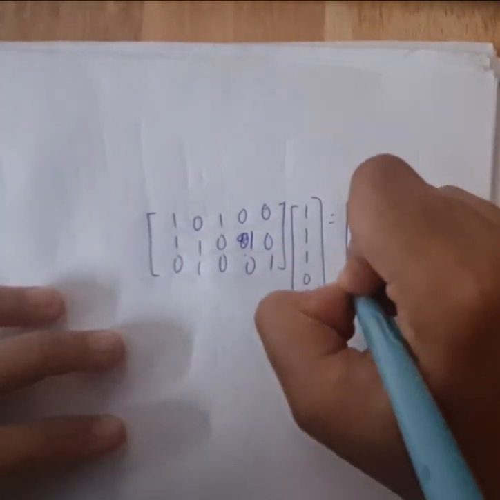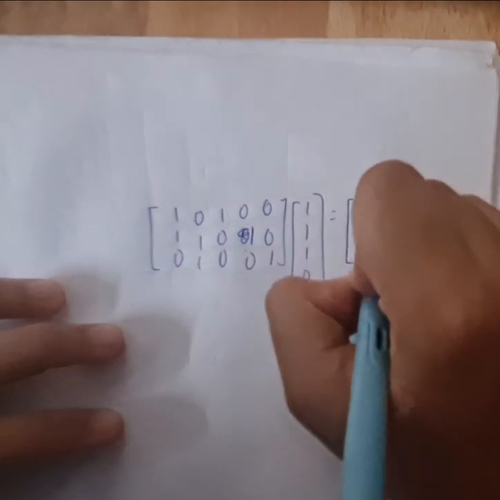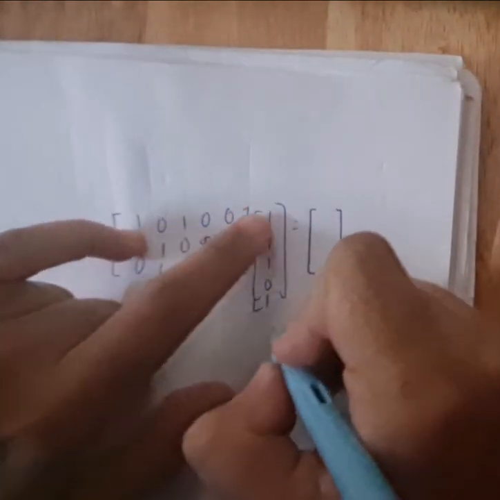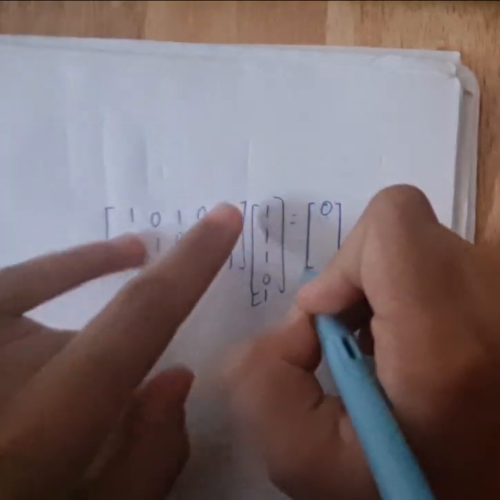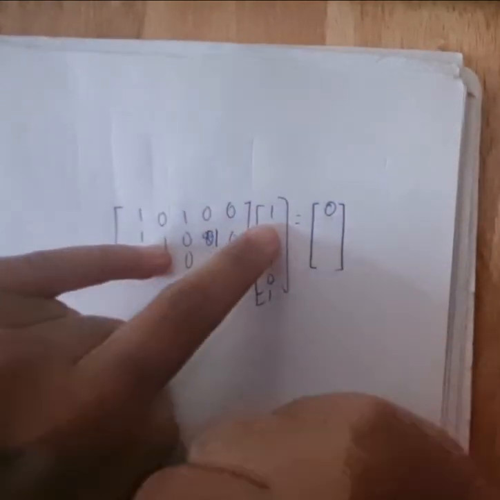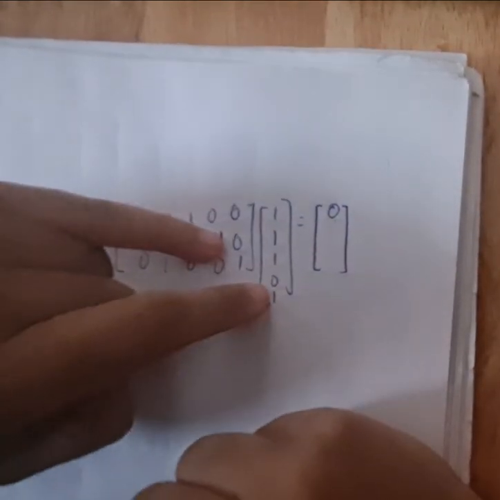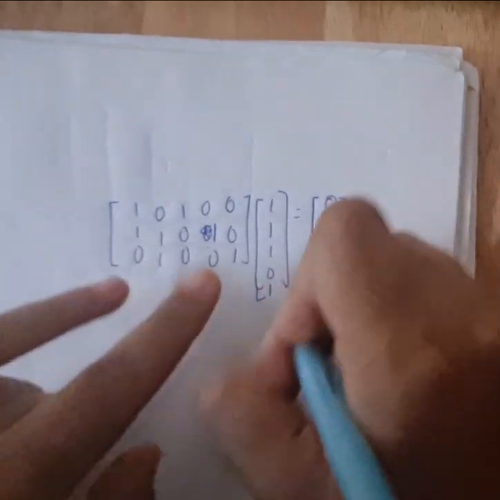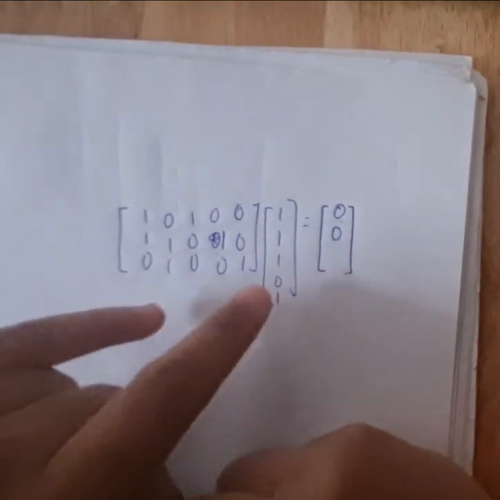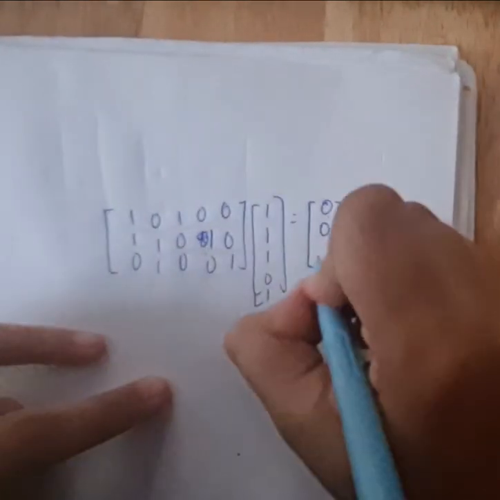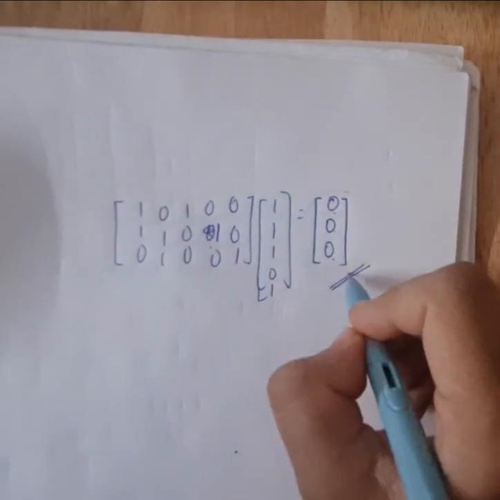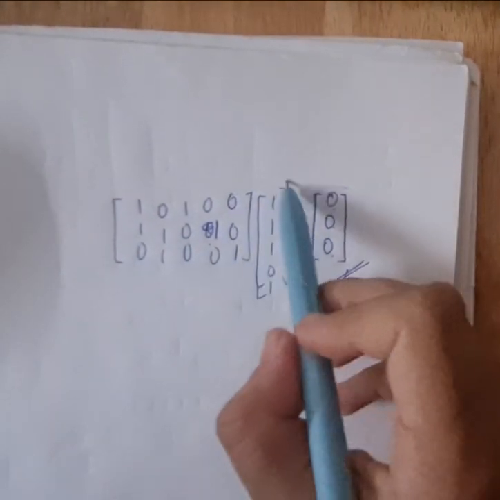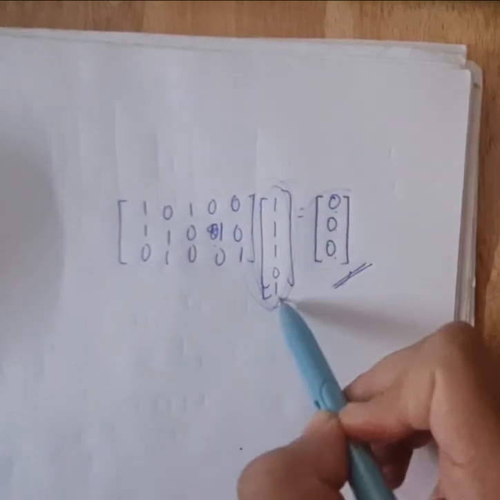Perform matrix multiplication. It's 1 plus 1, that's 0. 1 plus 1, again 0. 1 plus 1, 0. So 0 0 0 means that our syndrome is 0 0 0. That means that this word is a valid code word.